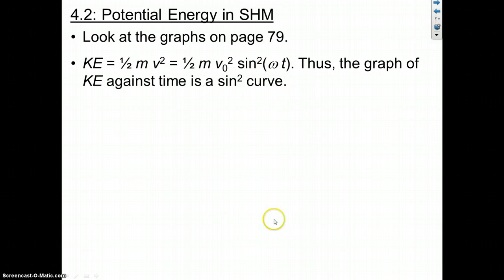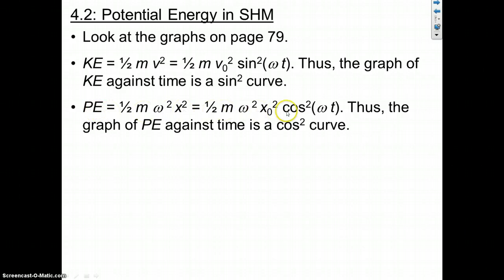It looks like a sine curve, but really it follows a sine squared relationship. Because the way you find the corresponding y coordinate for every x coordinate is you plug in that x value, that time, into this equation for t, and you take the sine squared of that time, so you get a sine squared curve.